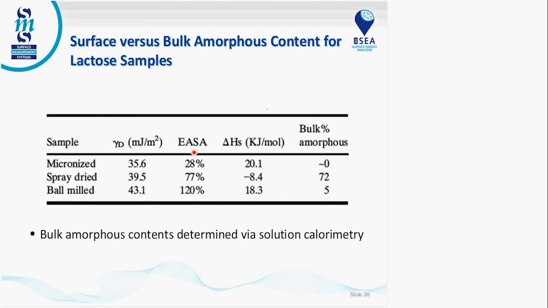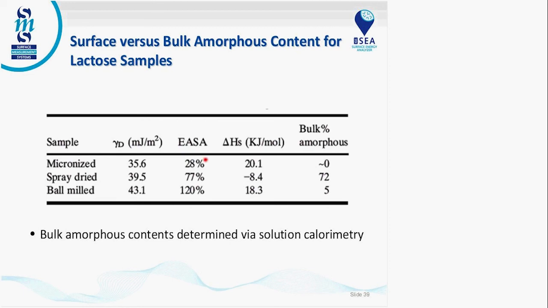We can see for the micronized sample the results are quite different. For the bulk amorphous content, the solution calorimetry results said almost nothing, very small, below the limit of detection. That's because for a micronized sample, the amorphous material is predominantly, almost only, on the surface. Only a very small bulk fraction was amorphous, but it's all on the surface.